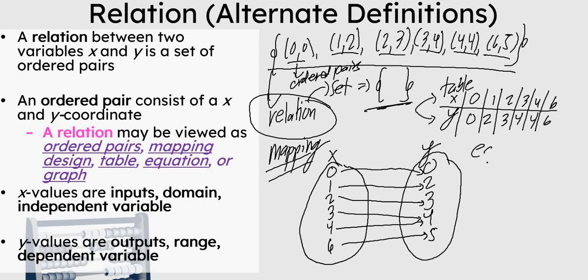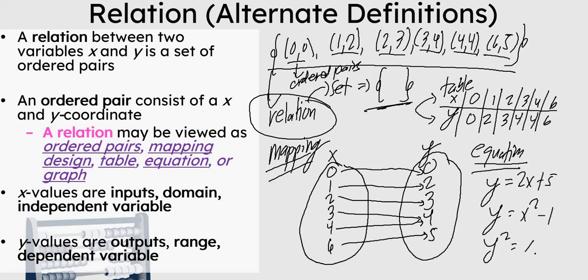We can also write an equation. We have lots of equations, rather. For example, we would usually see equations like y equals 2x plus 5, y equals x squared minus 1, y squared equals x, and so on. And these are equation forms of relations.